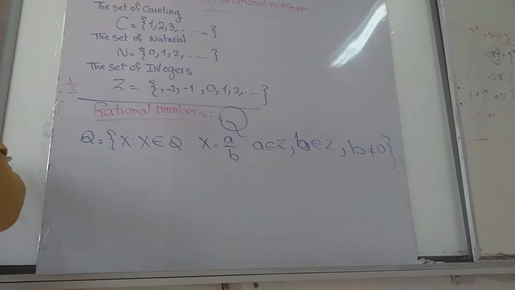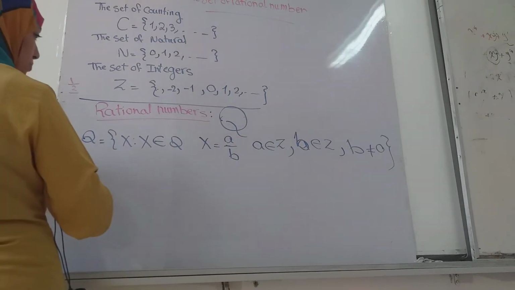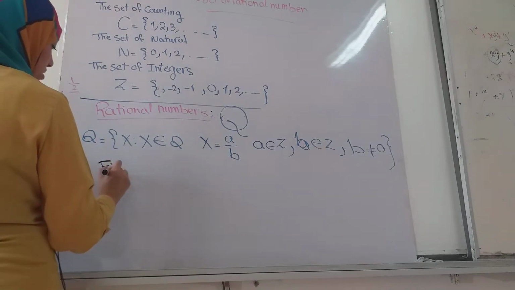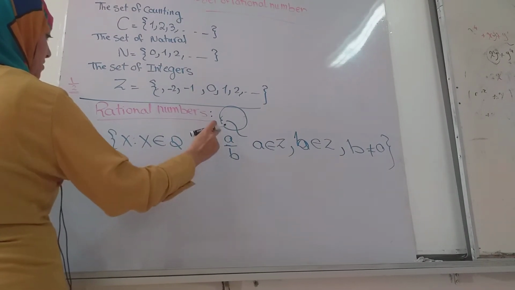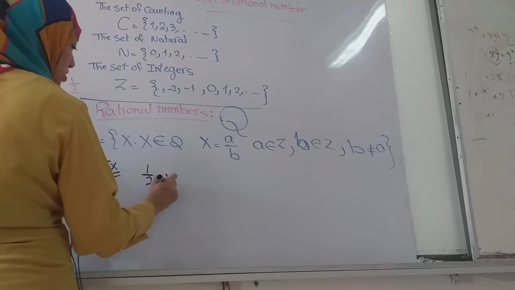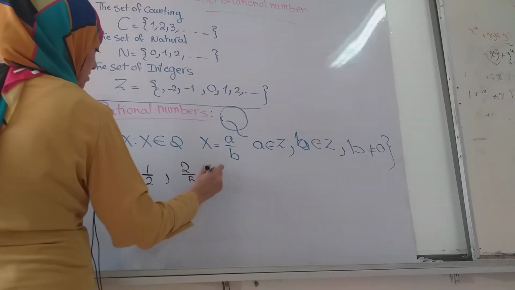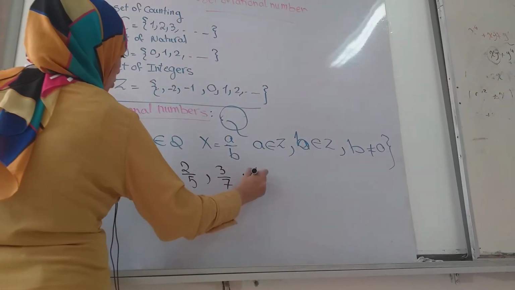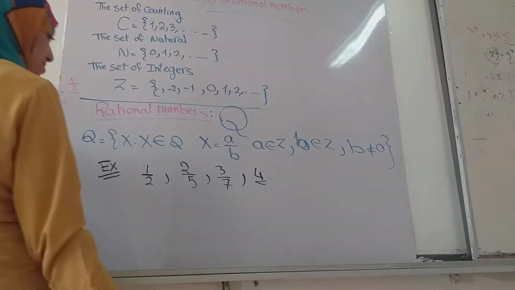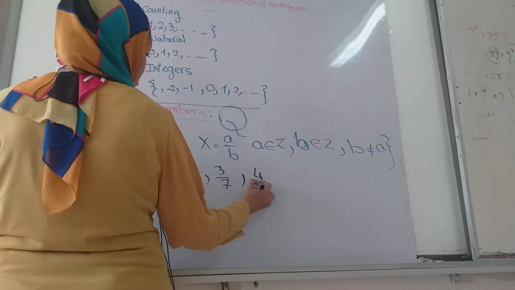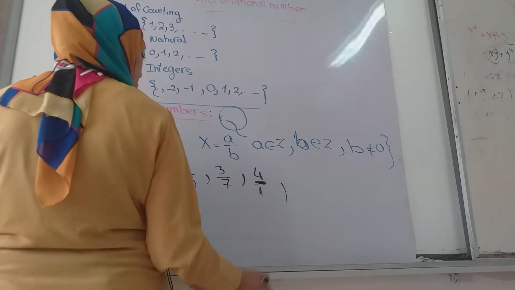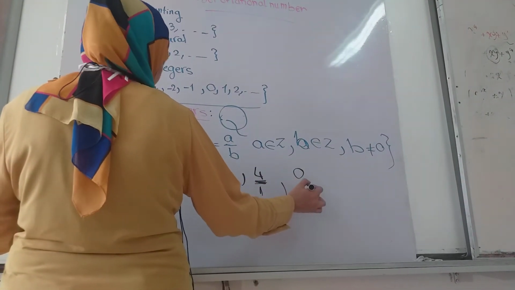So, examples of rational numbers: any number that can be written as a over b, like 1 over 2, 2 over 5, 3 over 7. 4 is a rational number, yes. Why? Because we can write it as 4 over 1. 0 is a rational number, yes. Why?